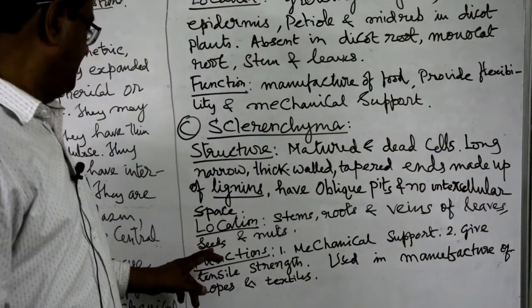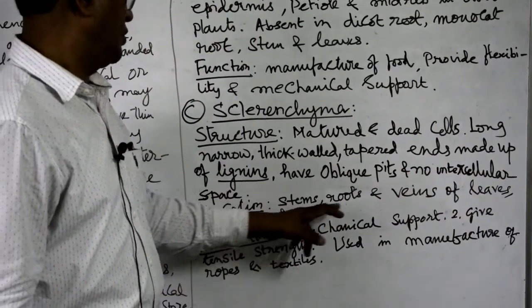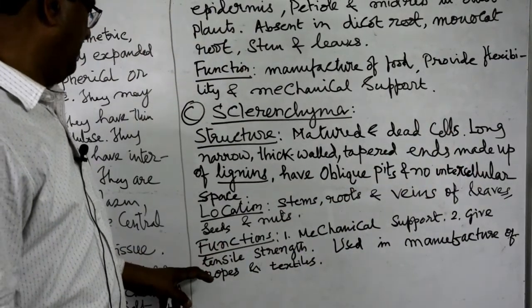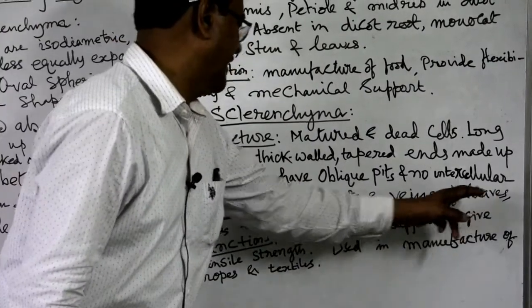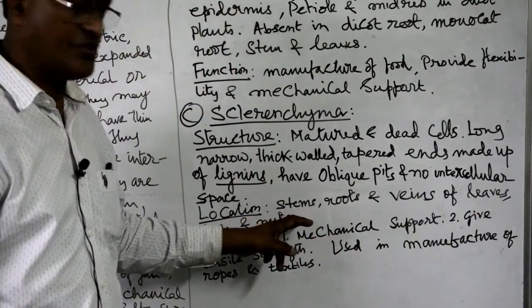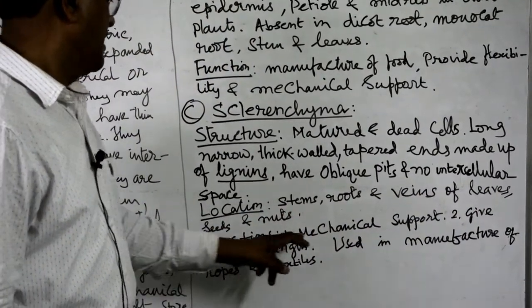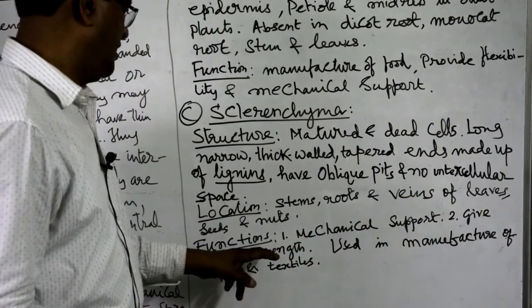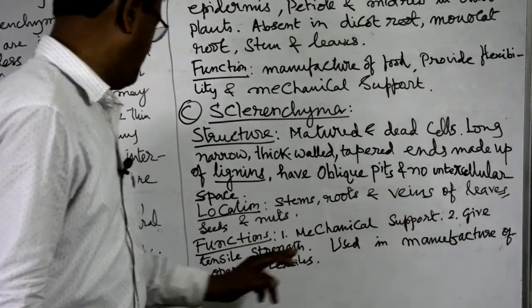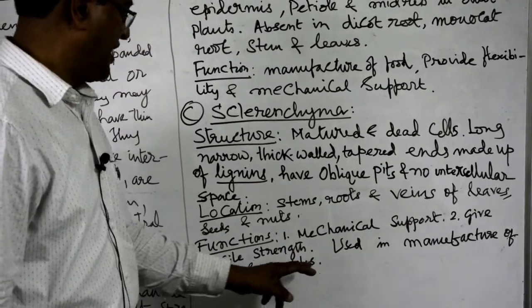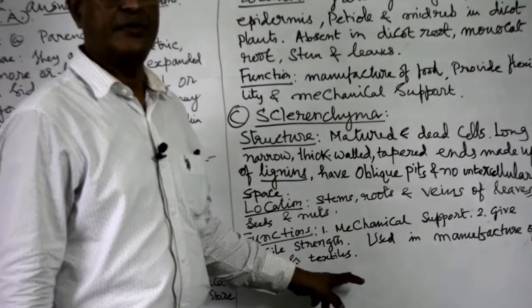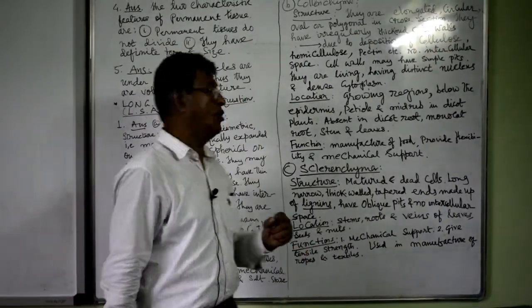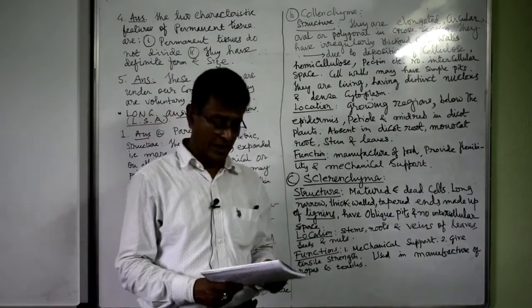Their location: stems, roots, veins of leaves, seeds and nuts also. Their functions: mechanical support, giving tensile strength, and used in manufacture of ropes and textiles. This is question number 1, the long question.